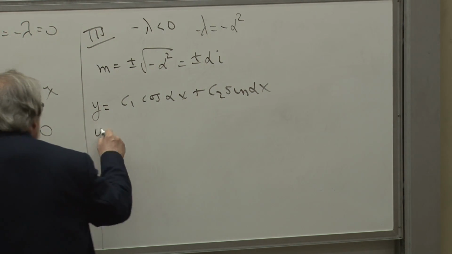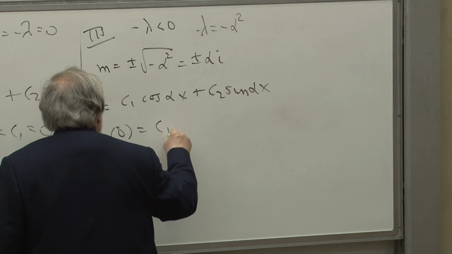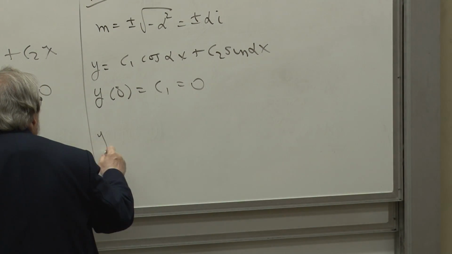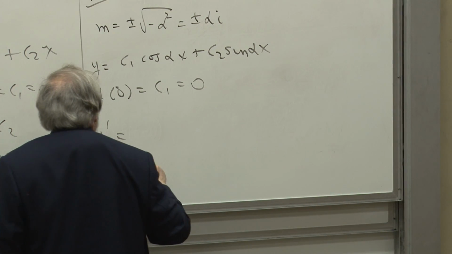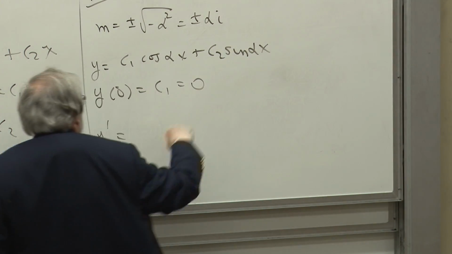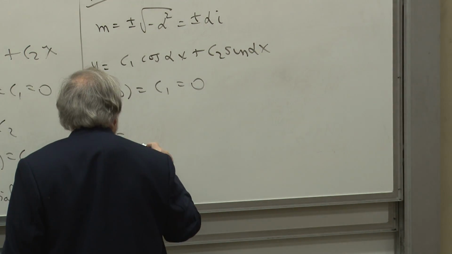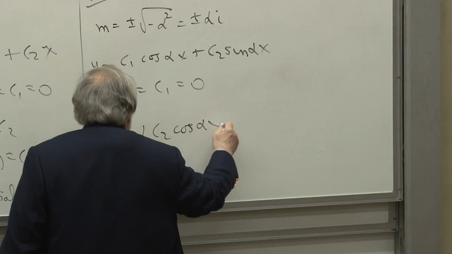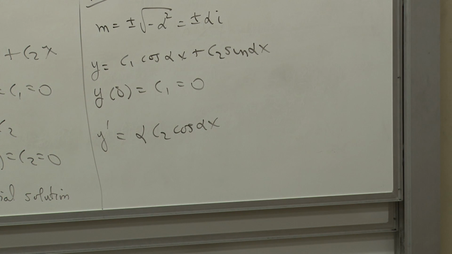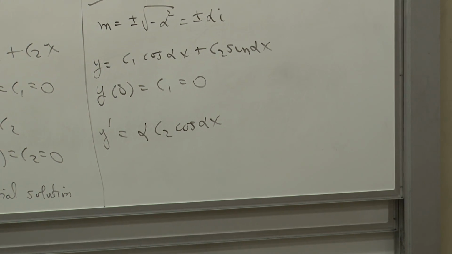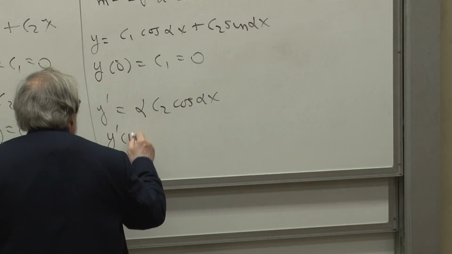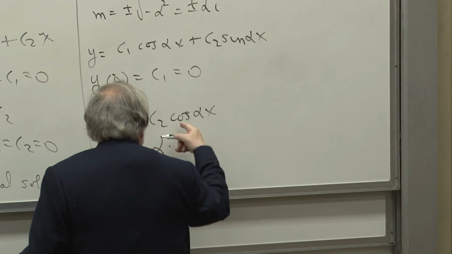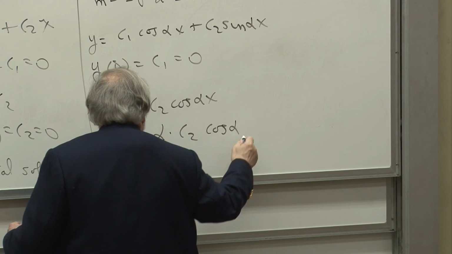At 0, I have C1, which is 0. The derivative: C1's gone, so the derivative is just the derivative of C2 sine alpha x. Alpha C2 cosine alpha x does that. So y prime of 1 is alpha C2 cosine of alpha times 1.